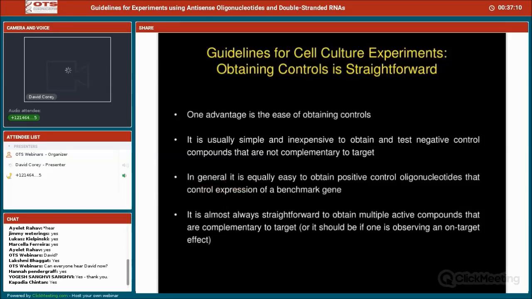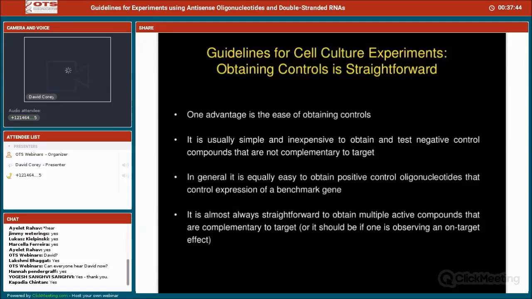In general, it's also very easy to obtain a positive control oligonucleotide that controls expression of some kind of benchmark gene. So for example, in my lab, when we're starting off with a new target, we often like to make sure that we can inhibit the non-coding RNA MALAT1, just to make sure our transfection protocols are proceeding appropriately. We use a known oligonucleotide, and make sure we're getting efficient knockdown of a gene that's well characterized.